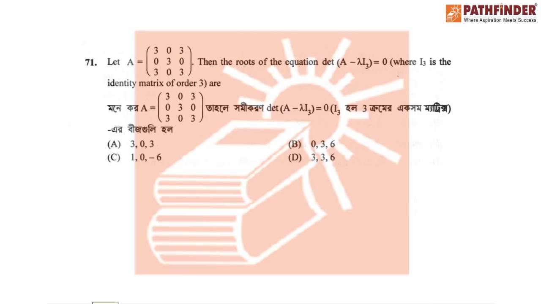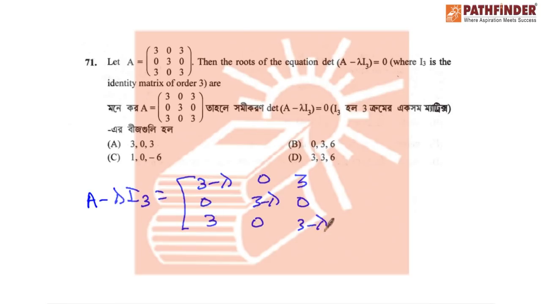Next is question number 71, which is given as A minus lambda I3. A minus lambda I3 is 3 minus lambda 0 3, 0 3 minus lambda 0, 3 0 3 minus lambda. This is equal to 0.